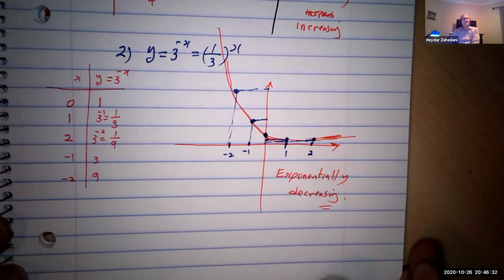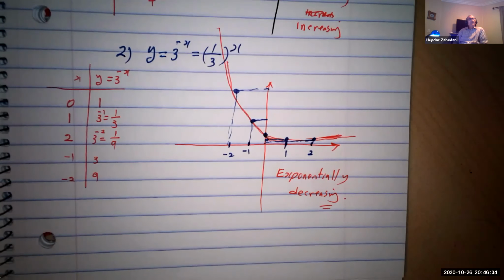It's like when you order a pizza, it's getting cold quickly. So the temperature is going down, exponentially decreasing. And that's going to be the decay. It's the one that we use in chemistry for radioactive substances. The chemical substances will lose their mass over the years. So that's going to be the one.